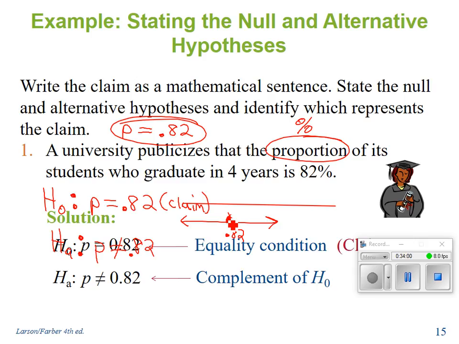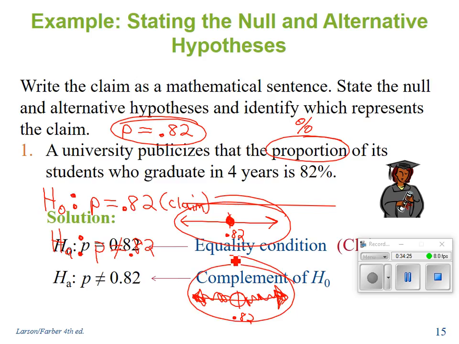Then the alternative hypothesis, put 0.82 in here. Open dot, and it's everything else. It's all this, and it's all that. They've got to be complements of each other. Everything that's possible in this situation is either in this graph or in that graph.